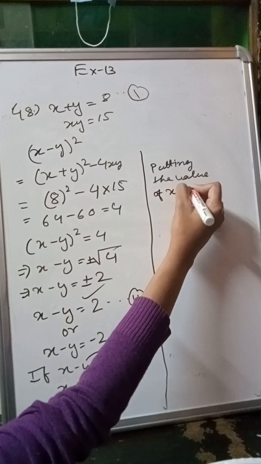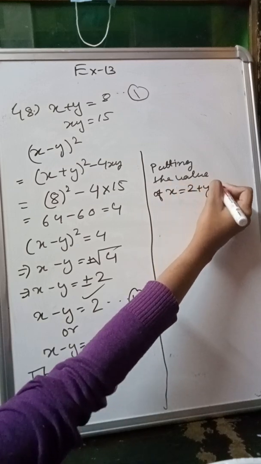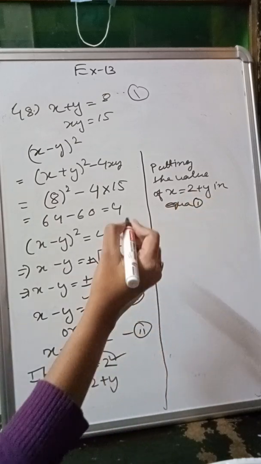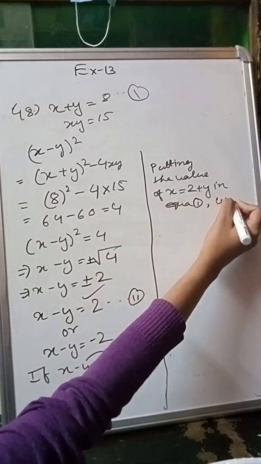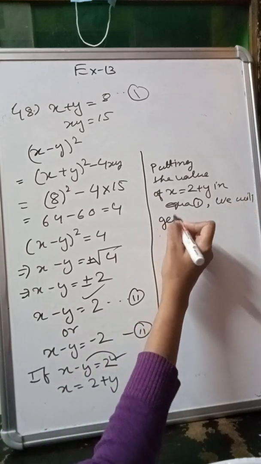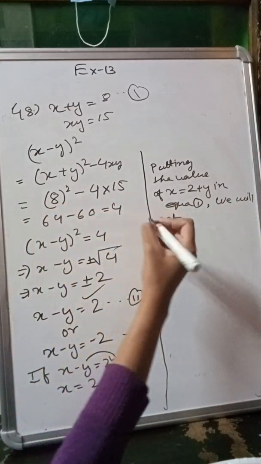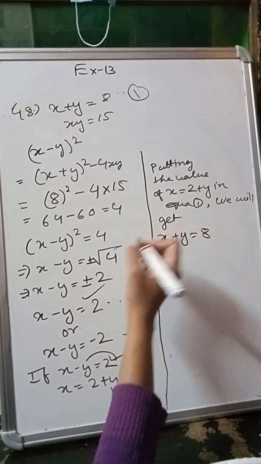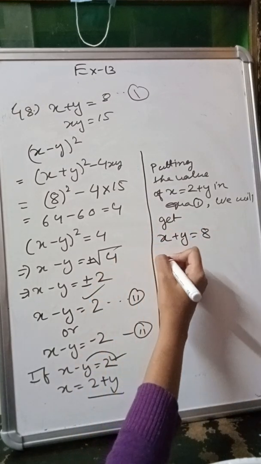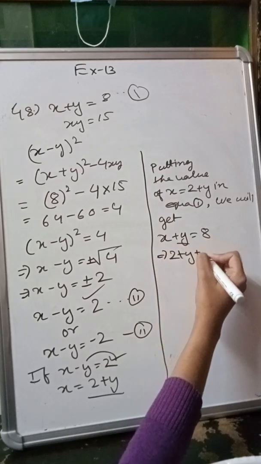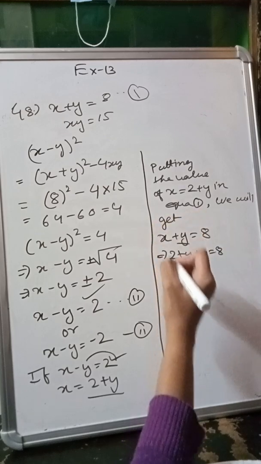Now if x is equal to 2 plus y, putting the value of x, 2 plus y, in equation 1, what will we get? x plus y equals 8. This is equation 1, and we have x as 2 plus y. So 2 plus y plus y equals 8.